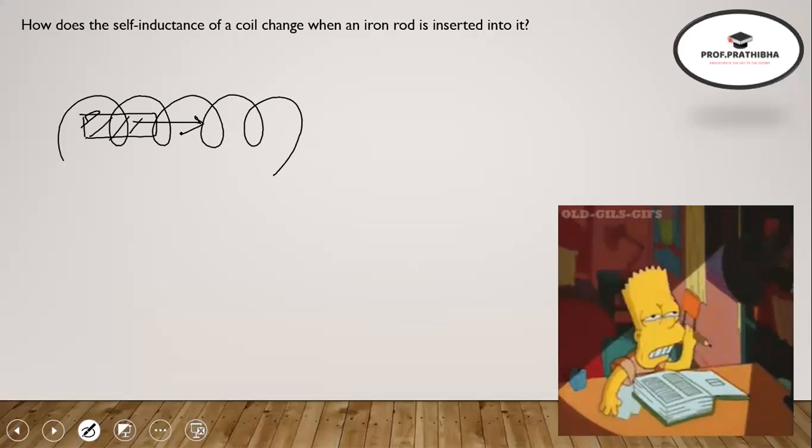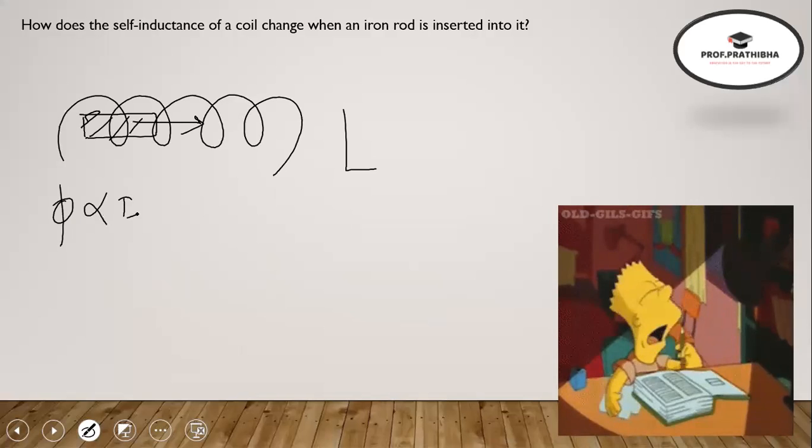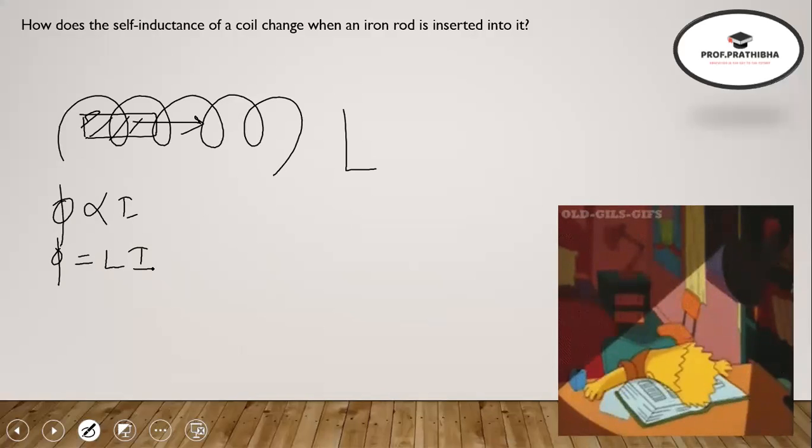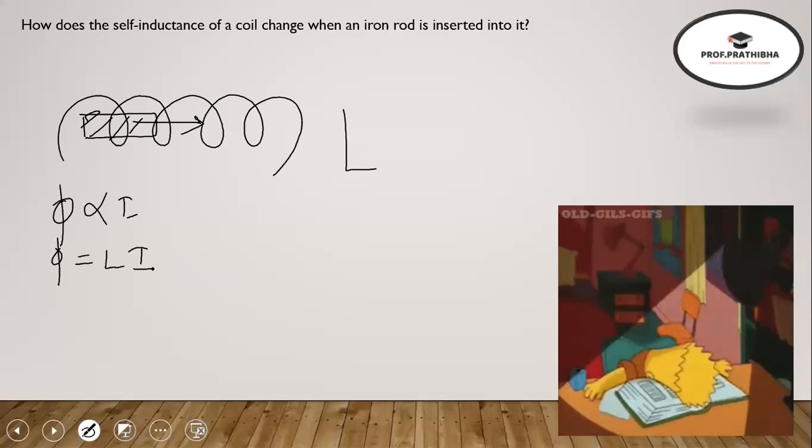That means L. We are aware that flux is proportional to I, and L is phi by I. What is the biggest property of soft iron? Which factor of soft iron is the best?